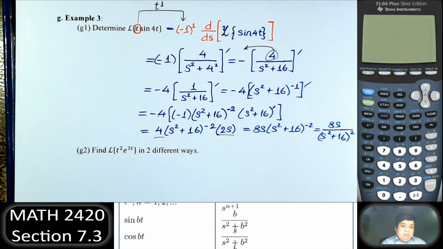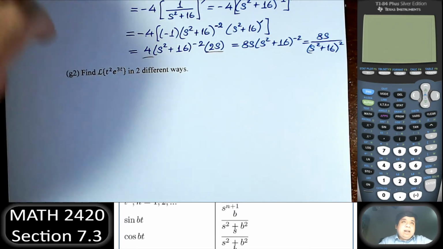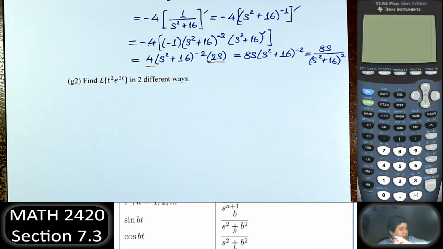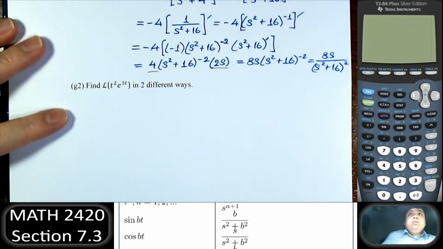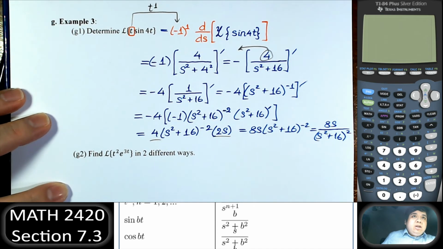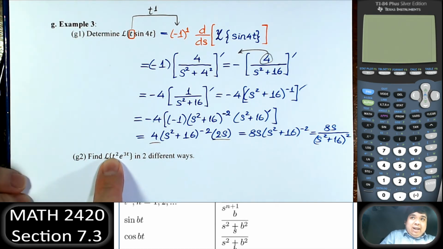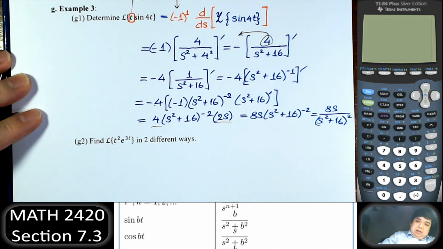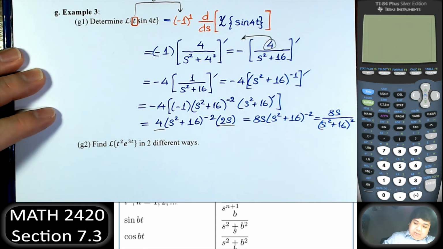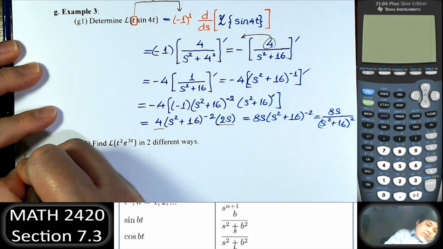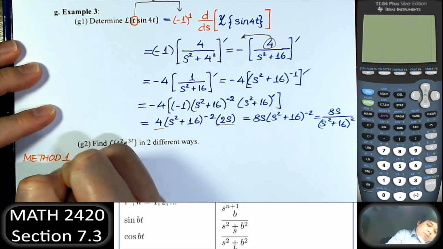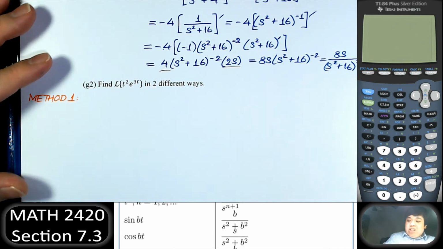Next, we're going to do this in 2 different ways. First, of course, we will use t squared, and then the second one we use e to the 3t. Let's just use what we just used here.